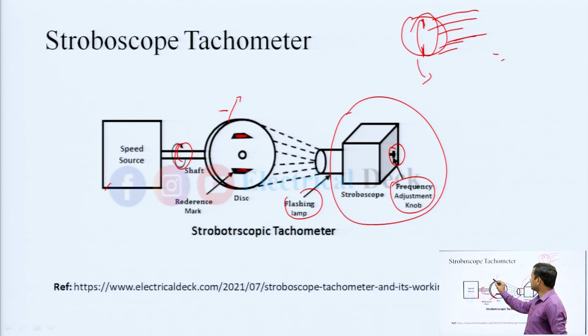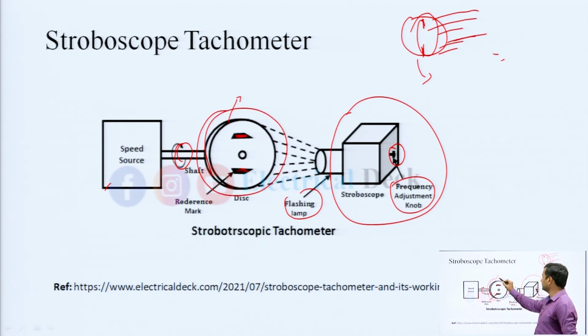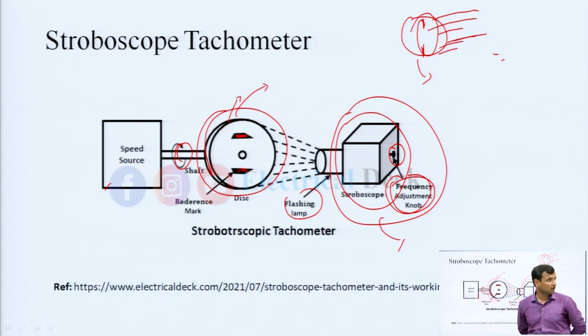When the light flashes on the rotating disc at different frequencies, we can measure the speed of rotation in terms of frequency, because we are using the stroboscopic effect. Since we vary the frequency of the light, at some point it will give you a stationary image.